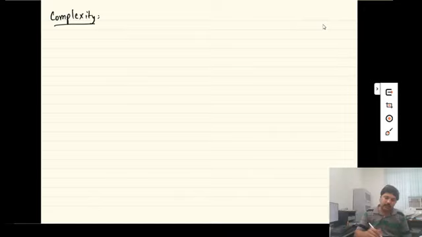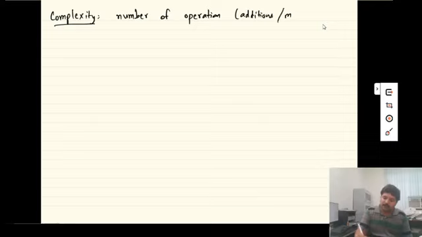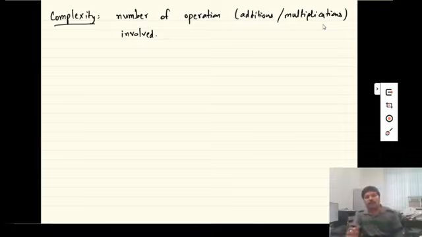The complexity is roughly the number of operations, like additions and multiplications, that I do. For me, as far as this course is concerned, this is what I mean by complexity. Otherwise, complexity has a huge meaning. It can be a spatial complexity problem where you are thinking of the space required to store one particular object, or computational complexity, which is what we really are talking of.